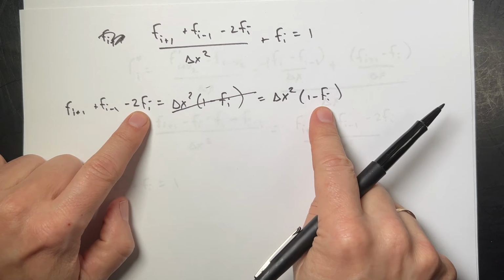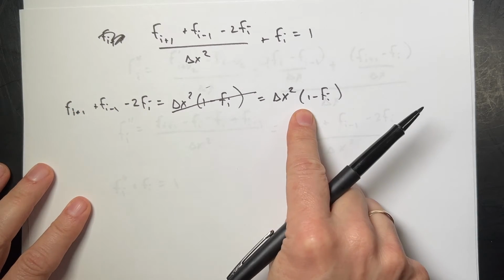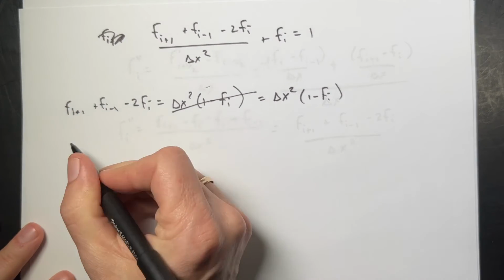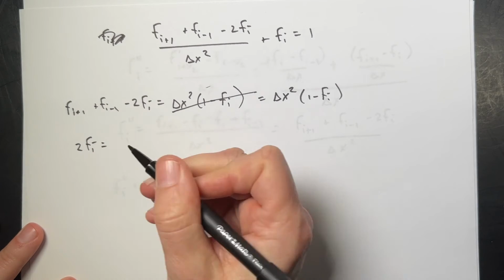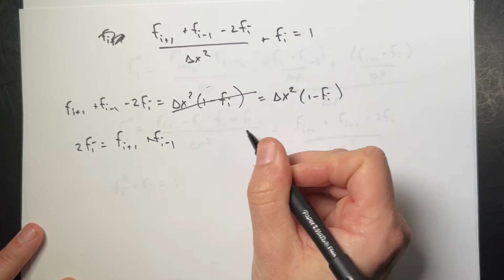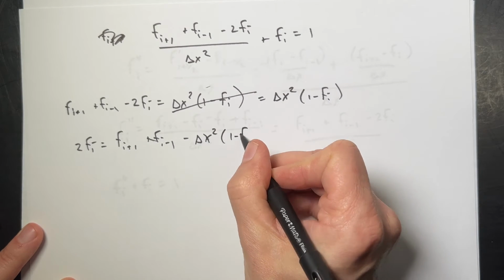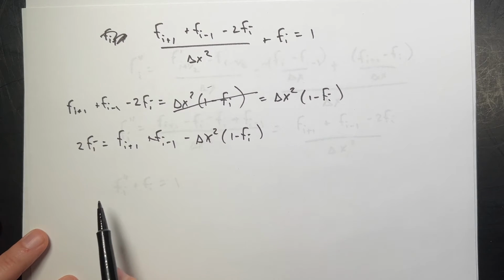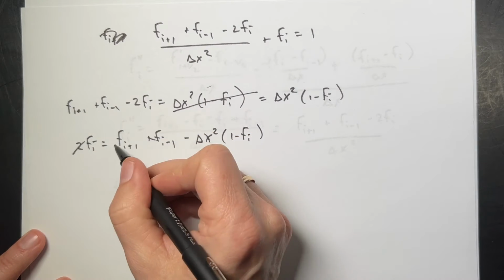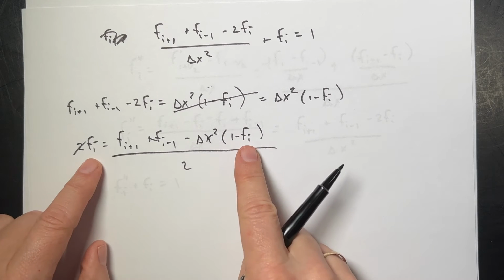You could solve for f_i, but I'm going to solve this by just moving this over here, making it positive, moving that over there. I get 2f_i equals f_{i+1} + f_{i-1} minus delta x squared times (1 - f_i), and then I can divide both sides by 2. And then I do have f_i on both sides, and that's fine.